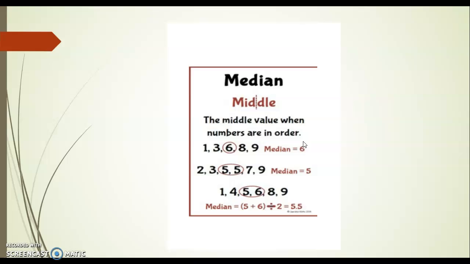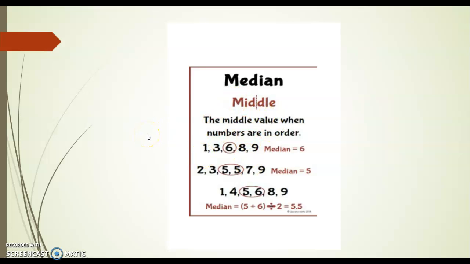So note, they might give you a set of numbers. However, they will not always be in order. That is up to you to put them from least to greatest. Once you have your set of numbers in order from least to greatest, you start crossing out.